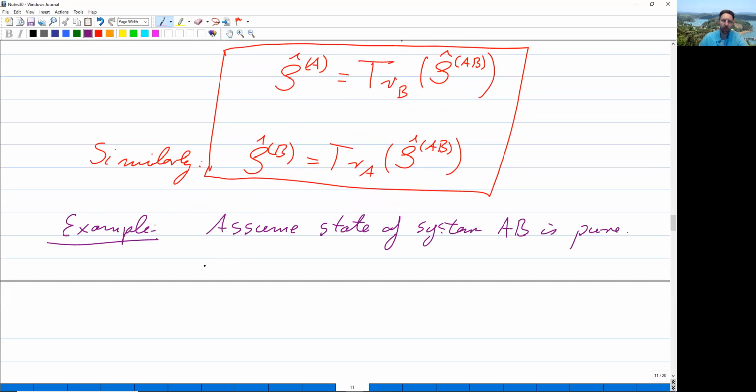Also, case 1, the state, which we can write as omega, let me just write it completely so that there is no possibility of misunderstanding. This pure state, let's call it omega, is unentangled.